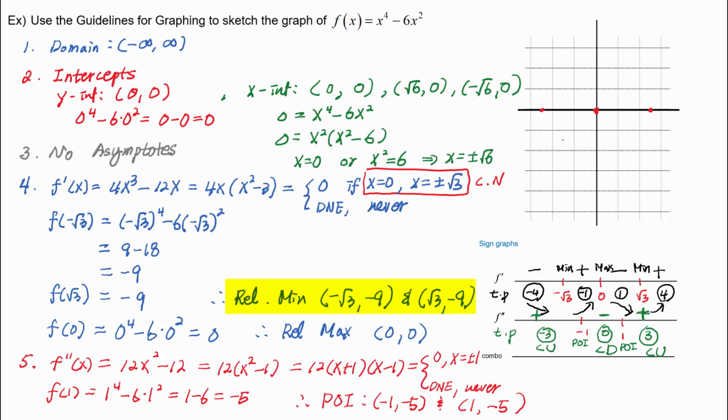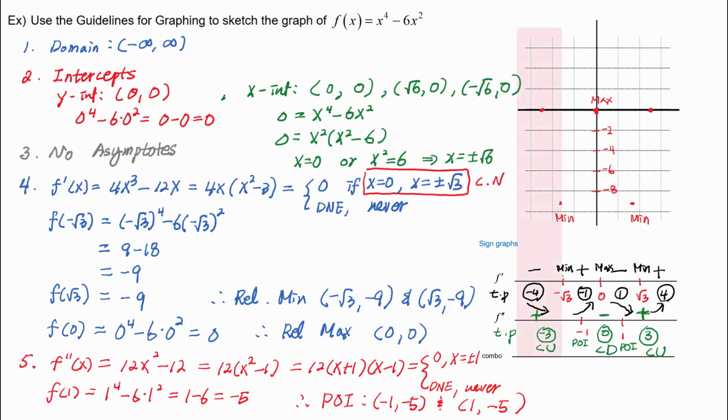Let's say this is -2, -4, -6, -8. So (-1.7, -9) and (1.7, -9). This is my minimum, and this is my other minimum. (0, 0) was my maximum.